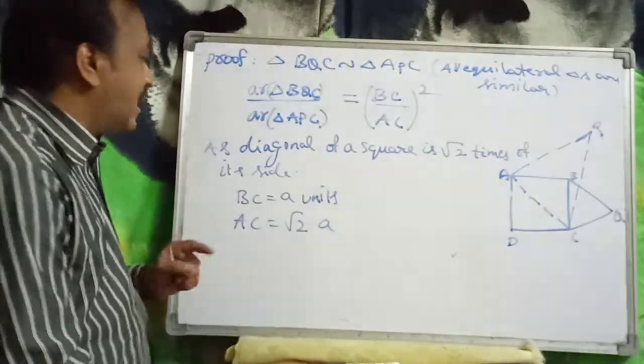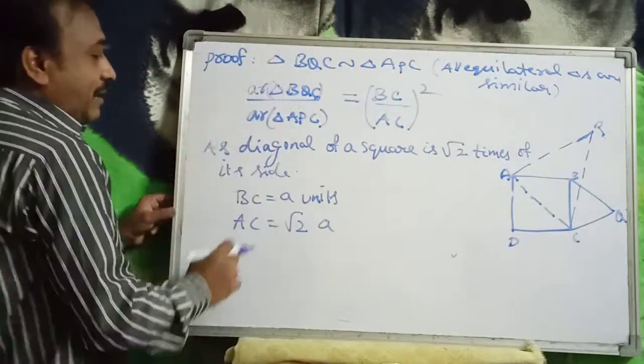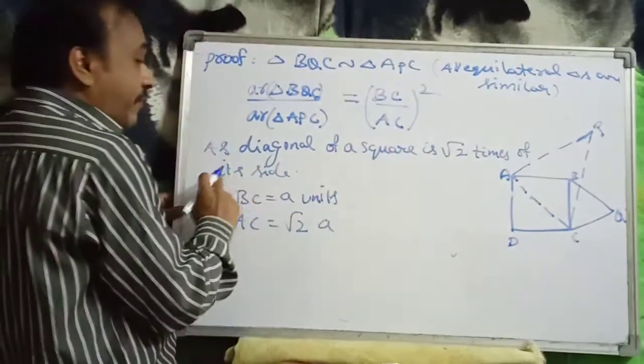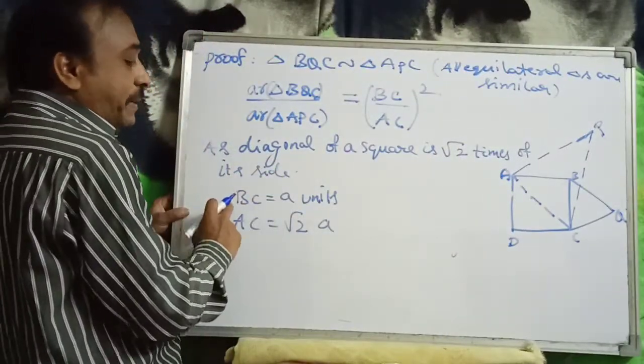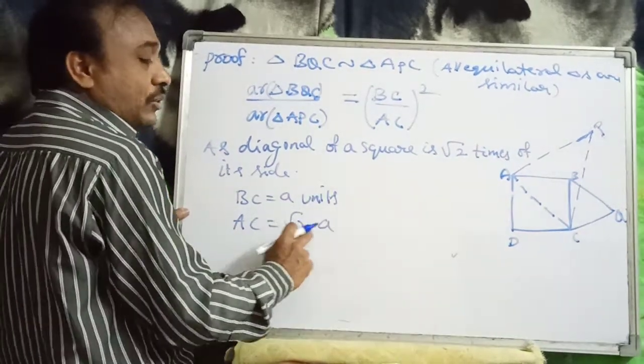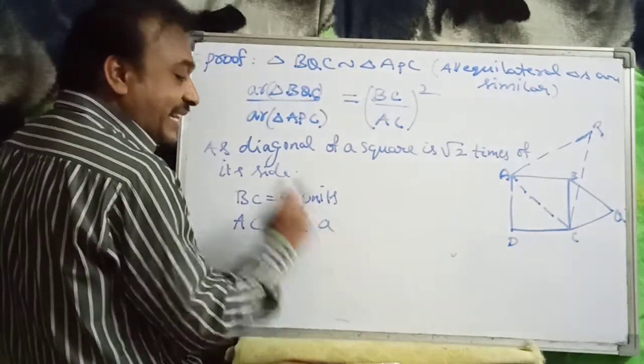So that is AC. Observe: as the diagonal of a square is root 2 times its side, let BC equal A units. Then its diagonal AC will be root 2 A.